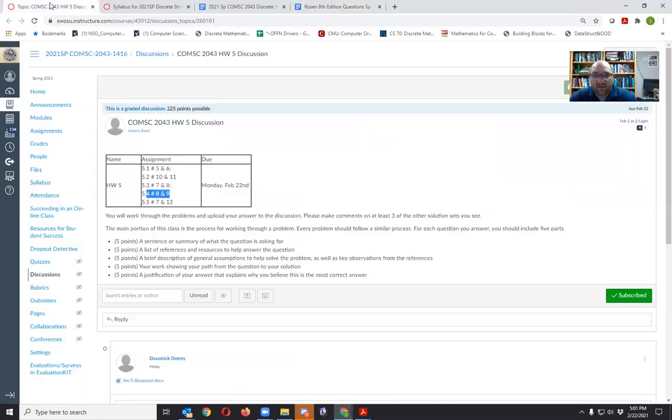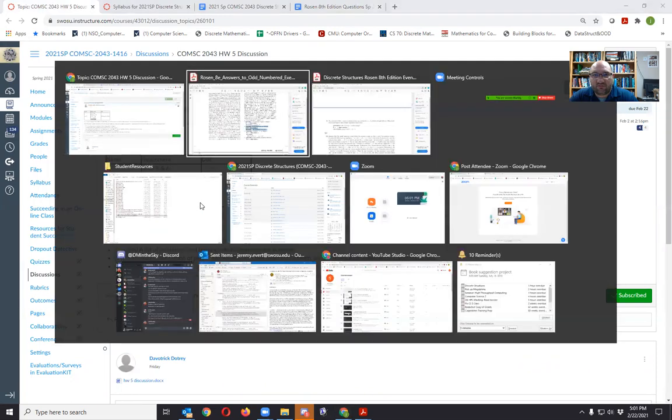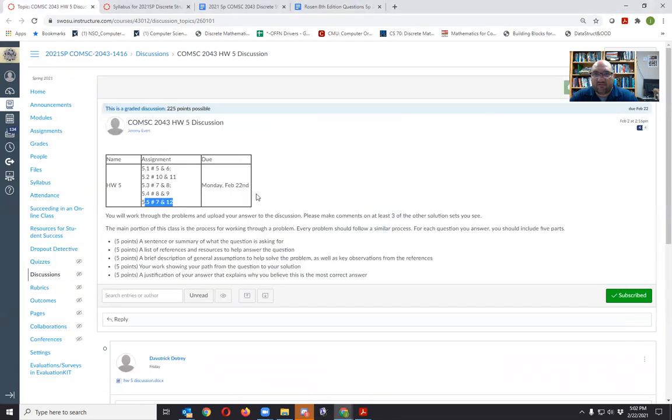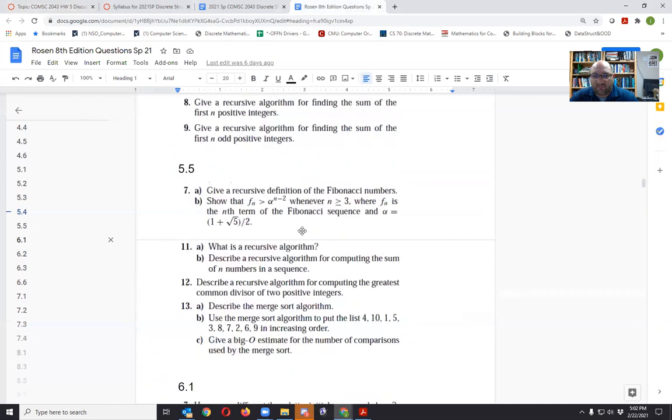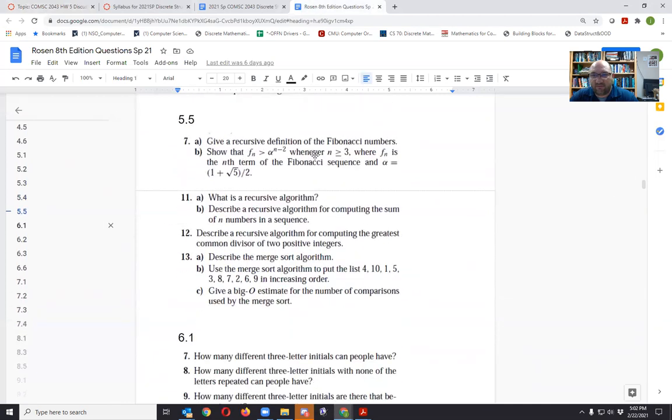And then 5.5, 7 and 12. Okay, now 5.5, 7 and 12. So 7 is Fibonacci numbers, and this one we've actually covered in a different video. If n is 1, return 1. If n is 0, return 0.